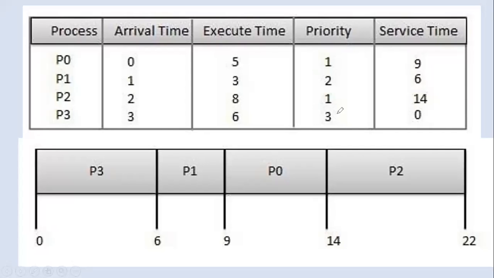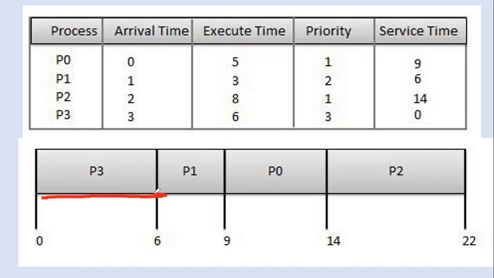The one which has the highest priority will be attended to first. For example, in this case, our process P3 has the highest priority, followed by P1, and then P0 and P2 have similar priority. So process P3 will be attended to first, and it will be processed for a time of 6.